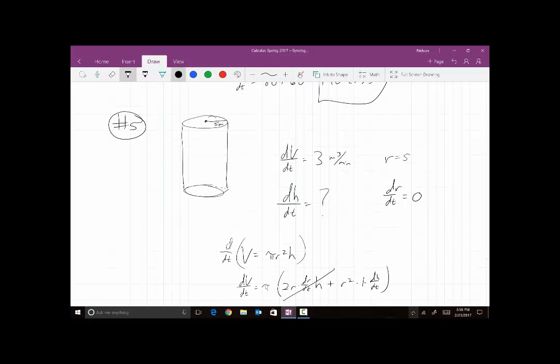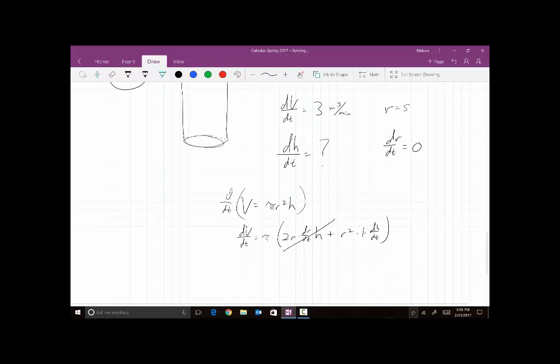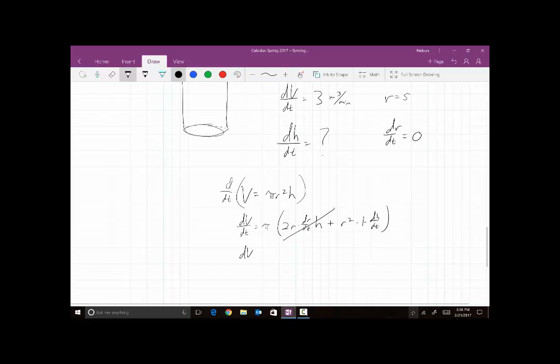As you fill this thing up, the radius is always 5. It's constant. So that term just goes away. What you really have is dV/dt is equal to pi times r squared times dh/dt.